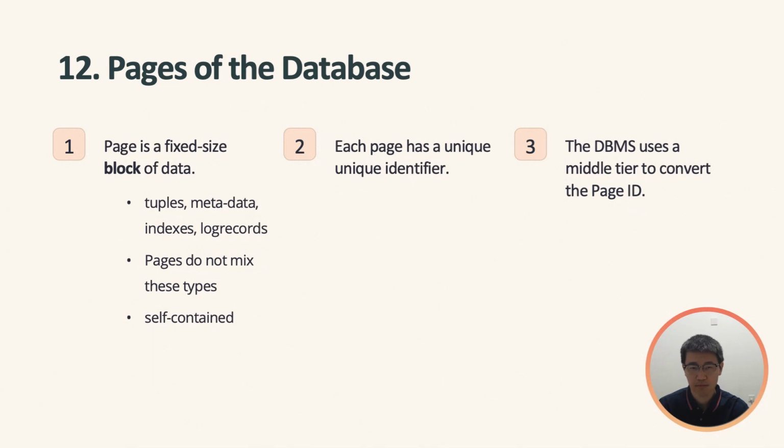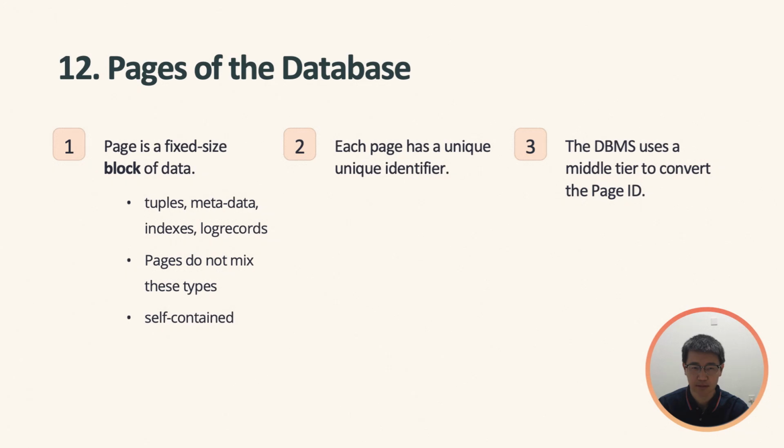However, most commercial database systems do not mix these data types within a single page or configuration. Generally, indices are stored separately from tuples. For example, indices and tuples are not usually stored together in a complete collection, including raw data, metadata, logs, records, and so on.